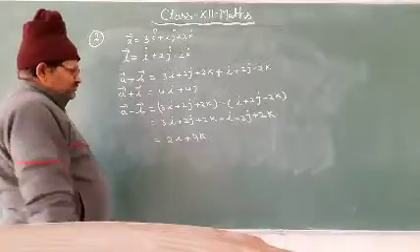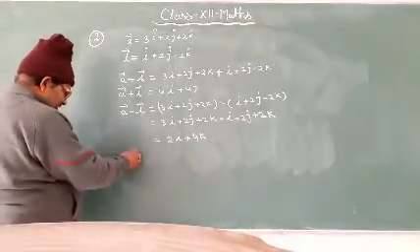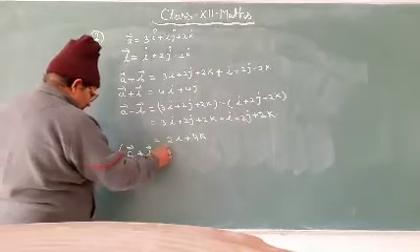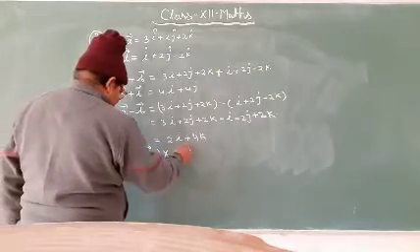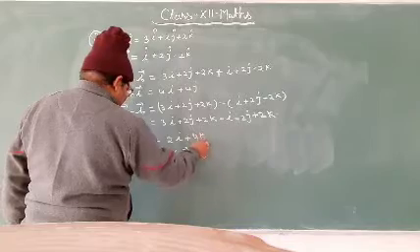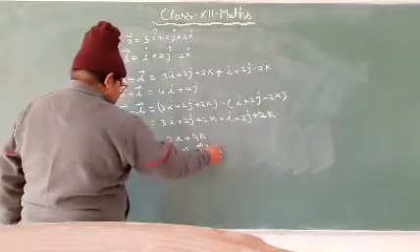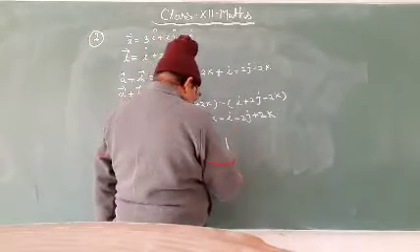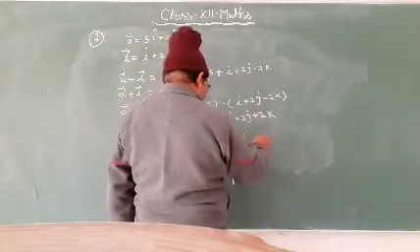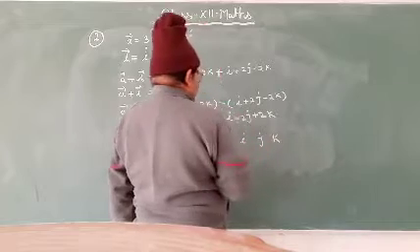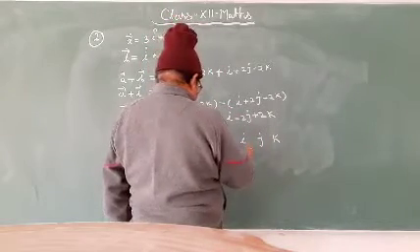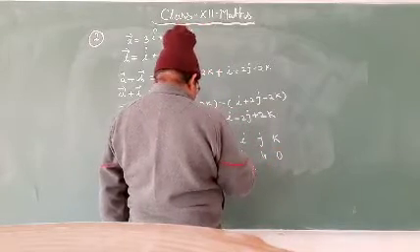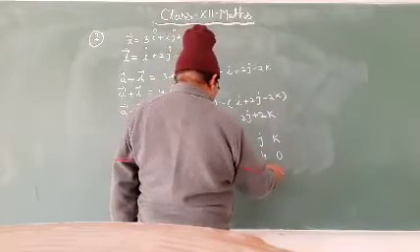Find vector A plus vector B cross product vector A minus vector B, which is equal to determinant i, j, k; 4, 4, 0; and 2, 0, 4.